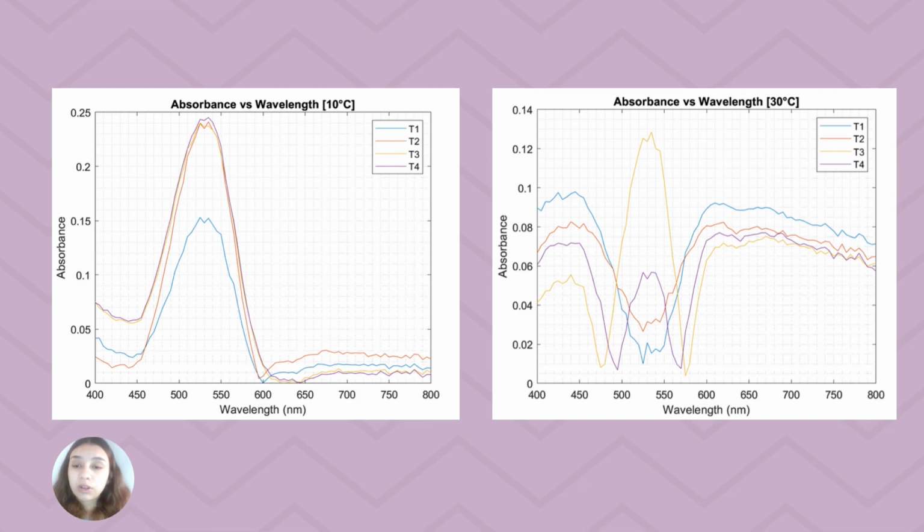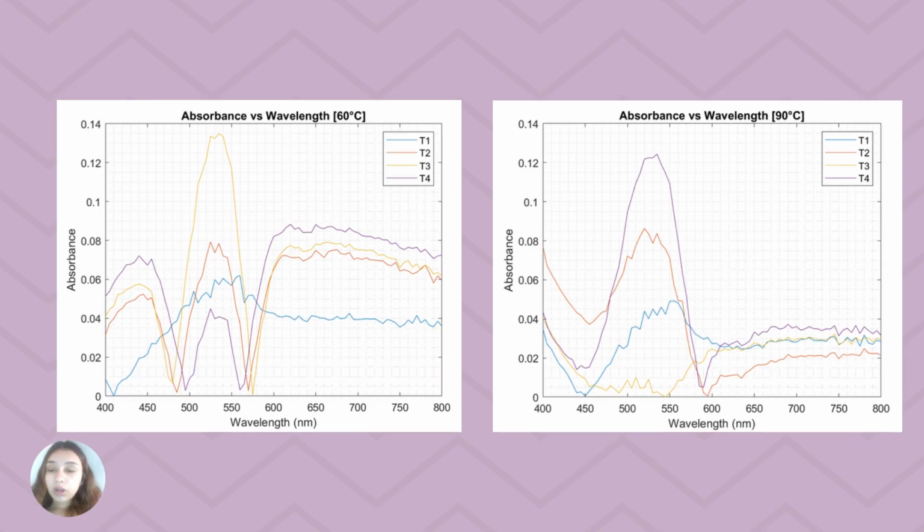In the 10 degree graph, we can see that for the four times, the maximum absorbance was between 500 and 550 wavelength. For 30 degrees Celsius, we can see that the maximum absorbance for the times of 1 minute, 2 minutes, and 4 minutes was between 400 and 450 wavelength, and for the time of 3 minutes was between 500 and 550 wavelength.